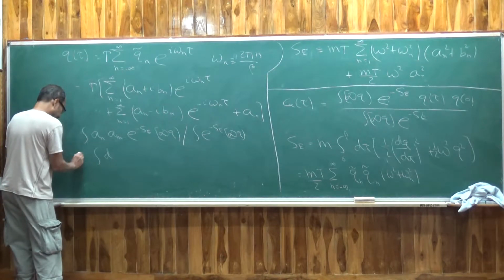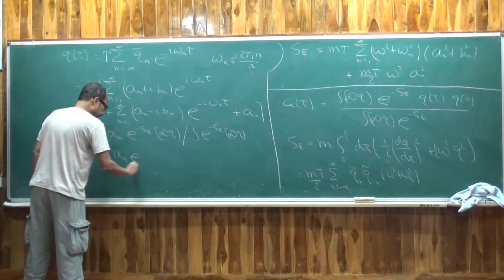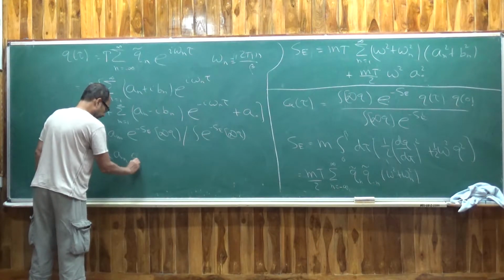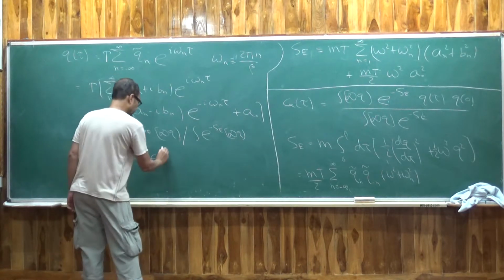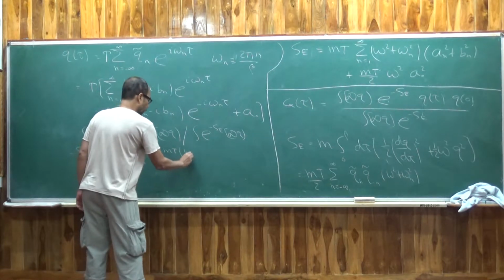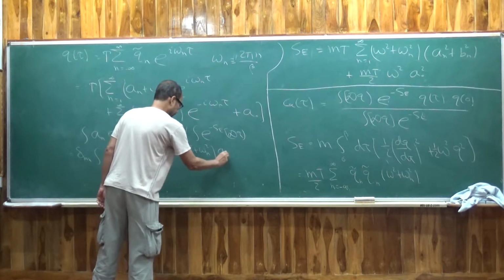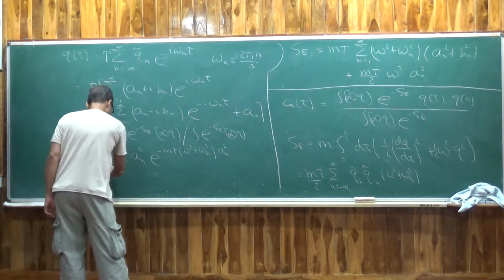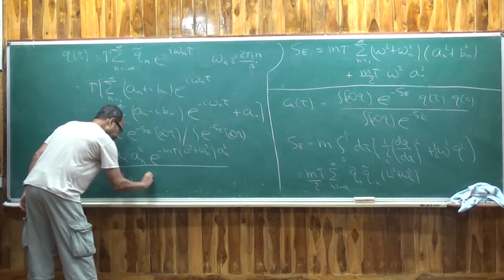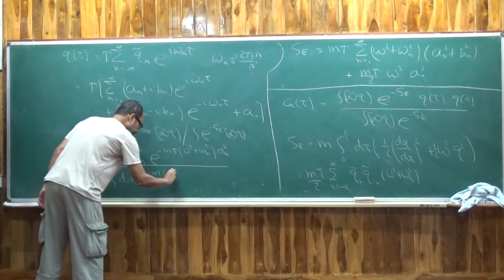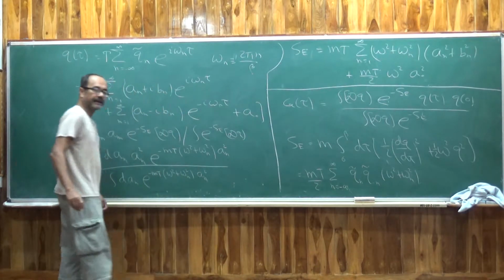So this is delta mn, and then I can write the integral dan an square to the power minus mt omega square plus omega n square, divided by the integral dan to the minus mt omega square plus omega n square. Okay, so this is an elementary integral.